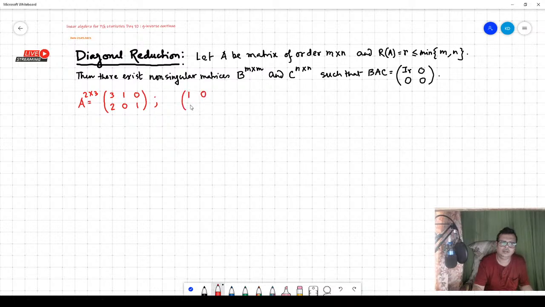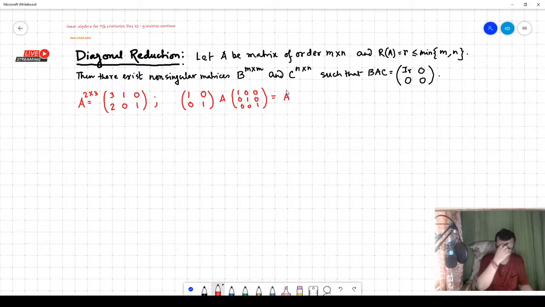If we multiply the identity matrix of order 2 with A and the identity matrix of order 3, then this gives matrix A.